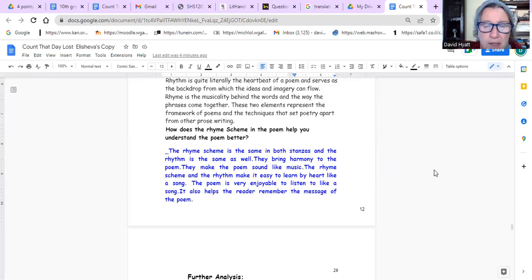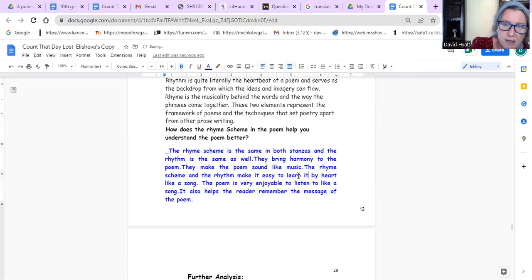Okay, make it easy to learn it by heart, I should say. Missing a pronoun here. The poem is very enjoyable to listen to, like a song. Here again, I'm using a simile to say that words can make music without putting actual real music.